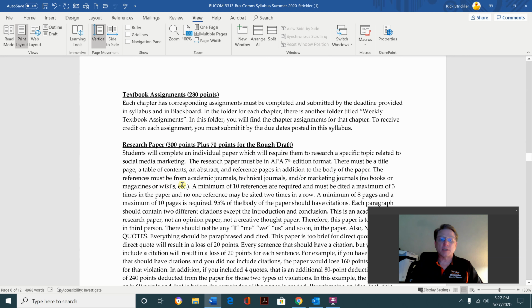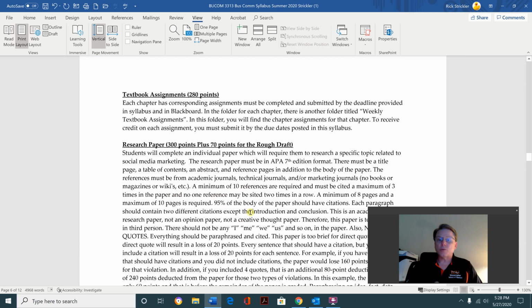The references must be from academic journals, technical journals, and or marketing journals. No books or magazines or wikis or anything like that. Okay. The best way is to go through the library's search engine. There's a video on the library website that says exactly how to do it.